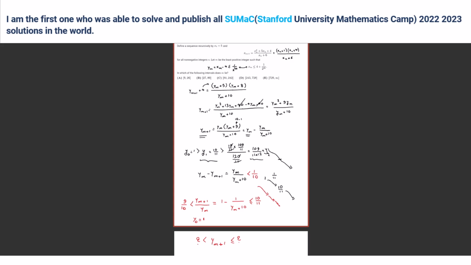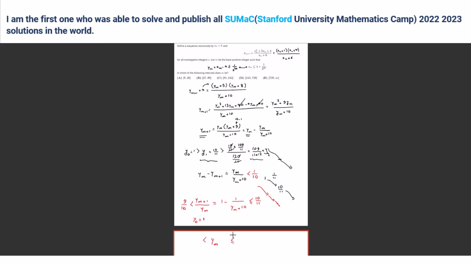So ym is greater than 9 over 10 to the m plus 1 times y0. Yes, so we can say also ym is, what we want to write for ym.